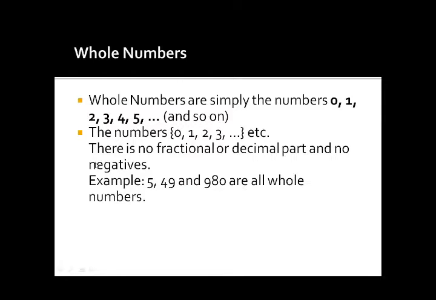That is the key in knowing if a system is a whole number system. For example, 5, 49, and 980 are all whole numbers. And here is an example of whole numbers on a number line. It emphasizes no fractions.